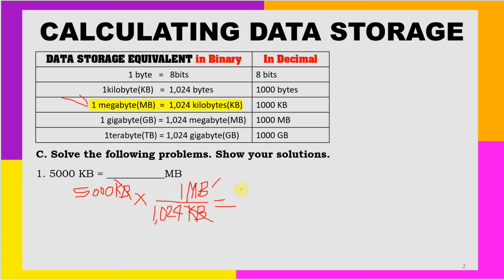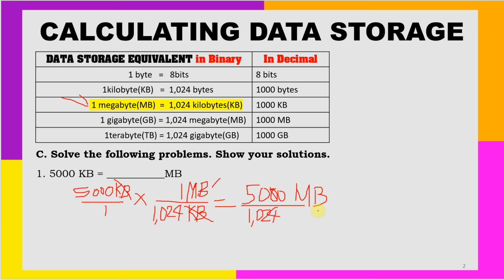Okay, now you can multiply 5,000 times 1, numerator by numerator, and 5,000 divided by, this is understood to be over 1, times 1,024 is equal to 1,024. The unit of measurement is now in megabytes, since you have already cancelled kilobytes.